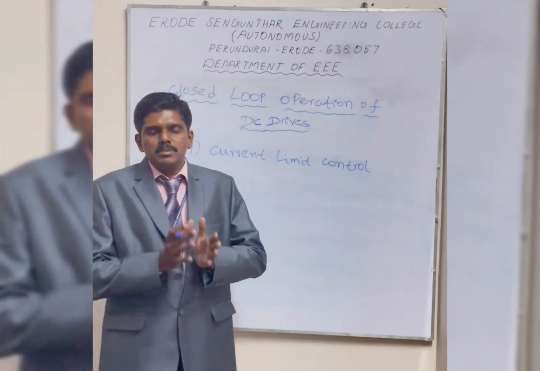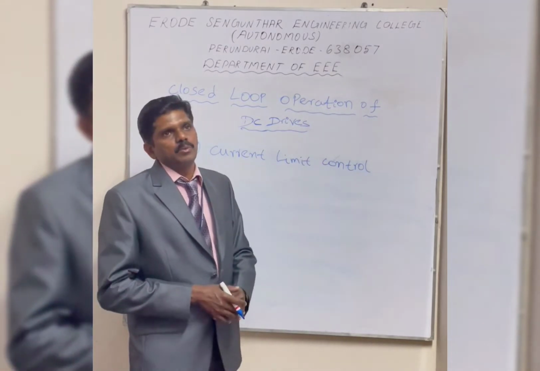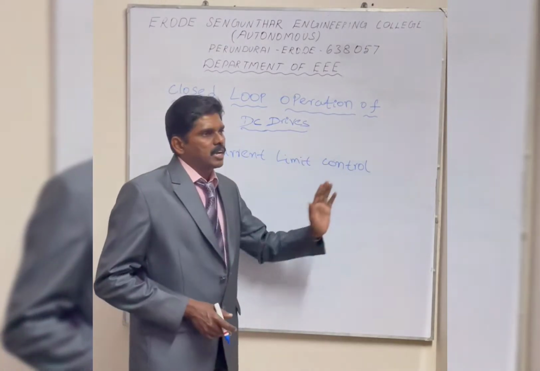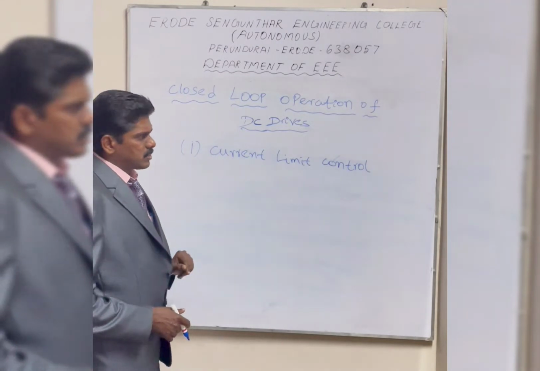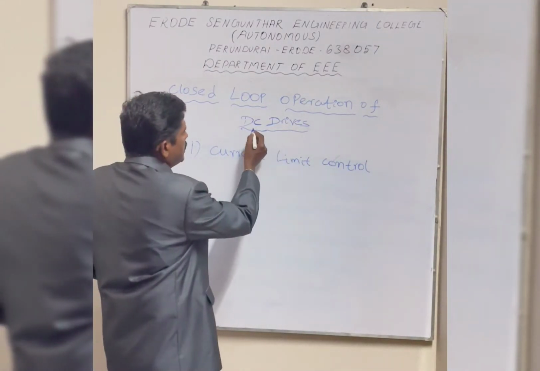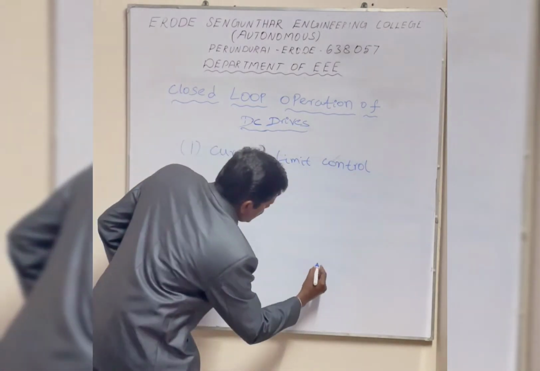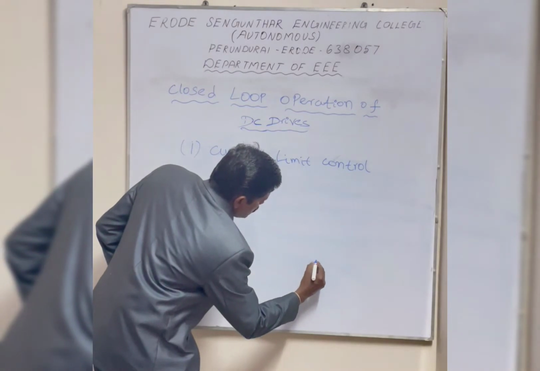Under the permissible value only, we are going to control the speed of the DC drive. That is called current limit control. How do we obtain that? First we will discuss it with respect to the closed loop operation. Here the DC drive means we have a DC motor, so assume there is a DC motor.